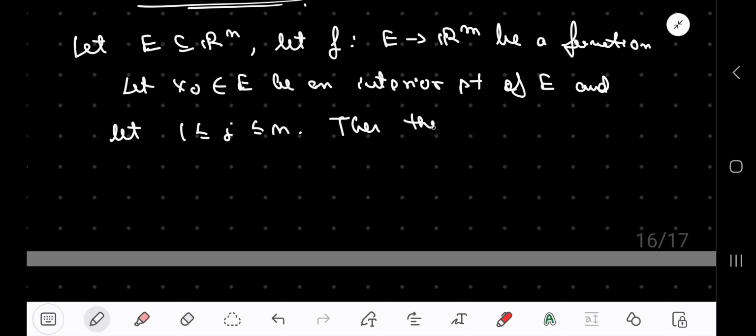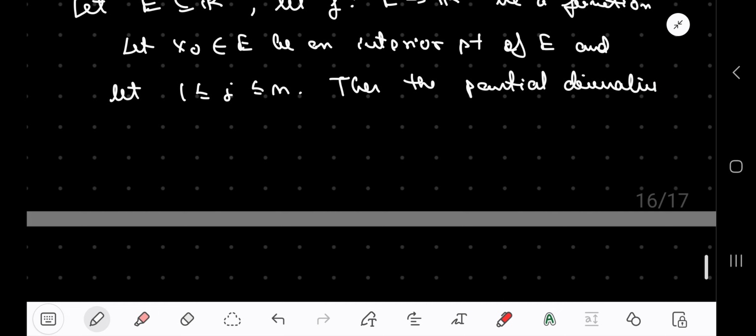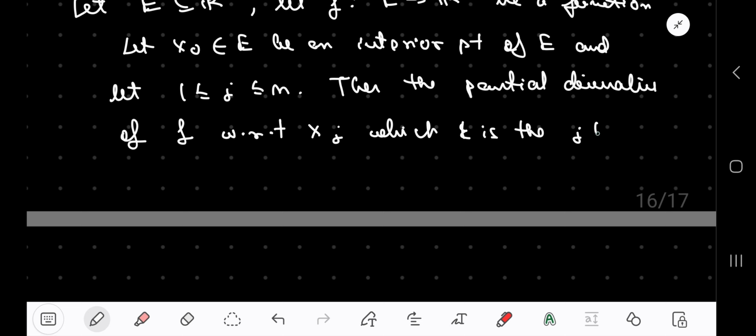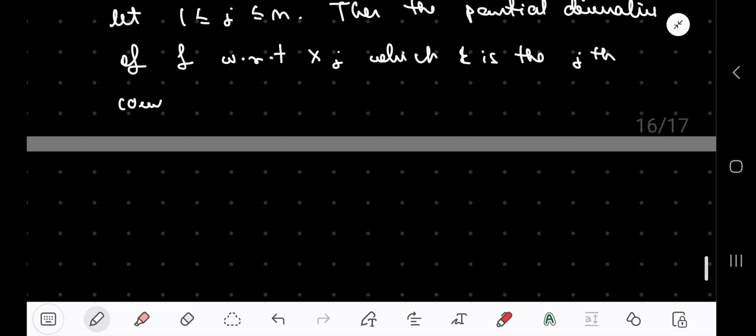Then the partial derivative of f with respect to xj, which is the jth component, of x naught, that is the point where we are calculating the derivative.